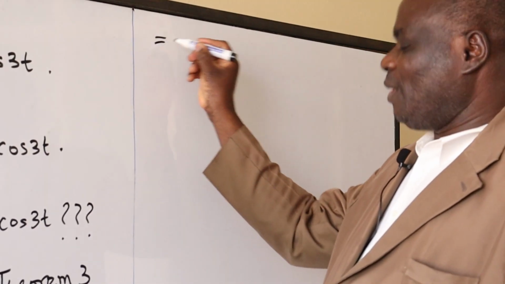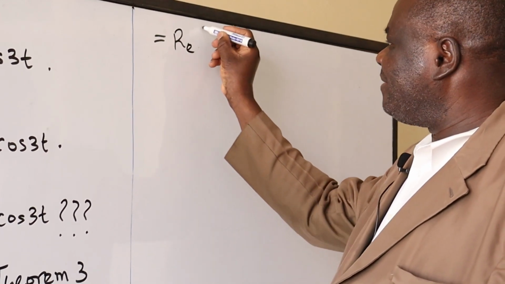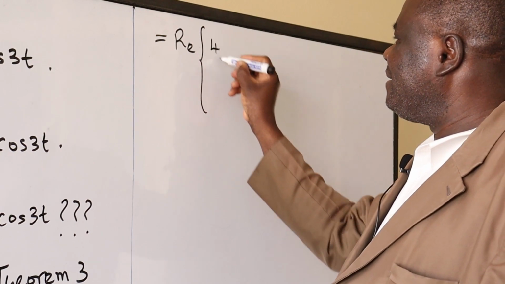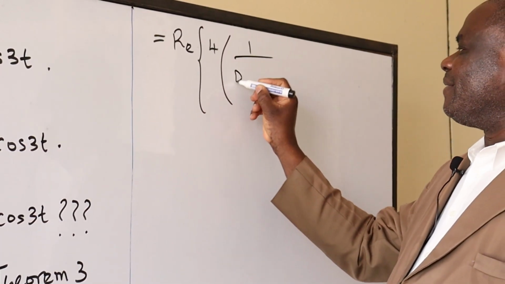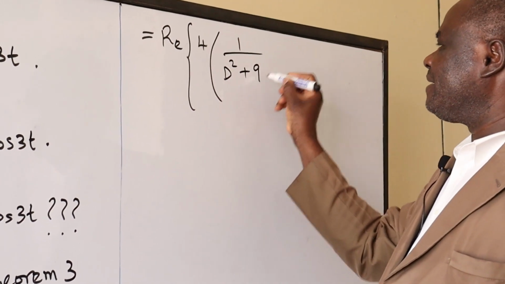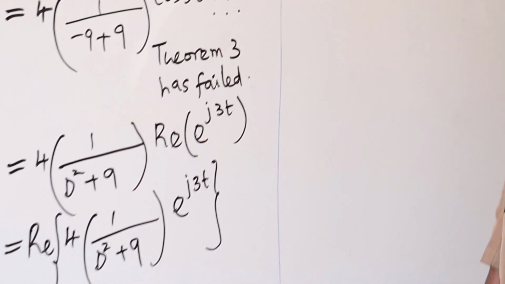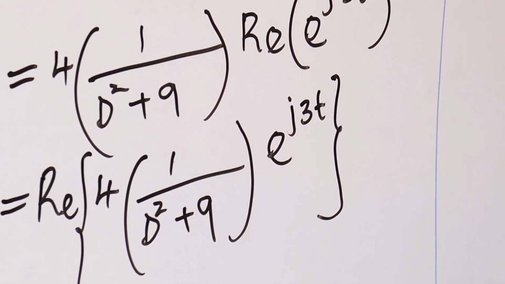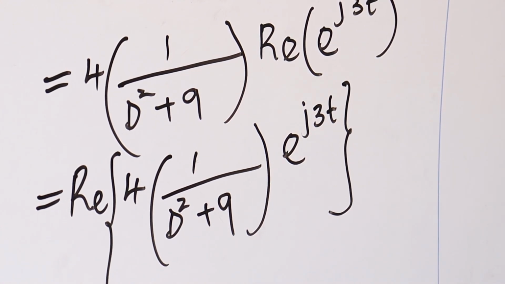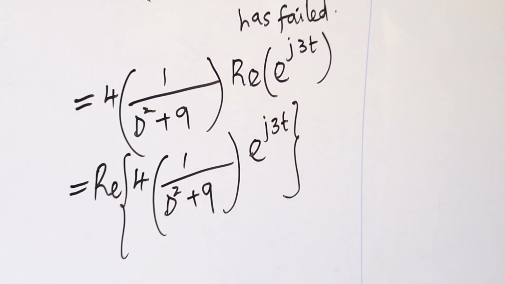Which will be equal to the real part of 4, 1 all over D squared plus 9. Now, this is a pure exponential term. If we apply Theorem 1 for pure exponential terms, Theorem 1 will also fail.